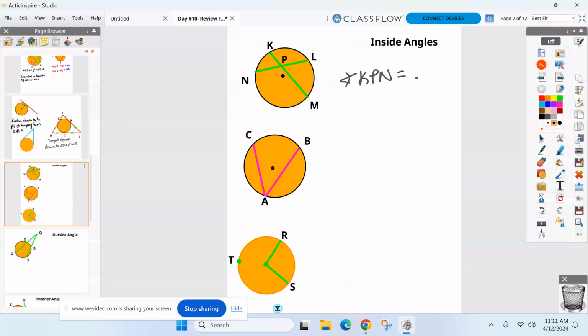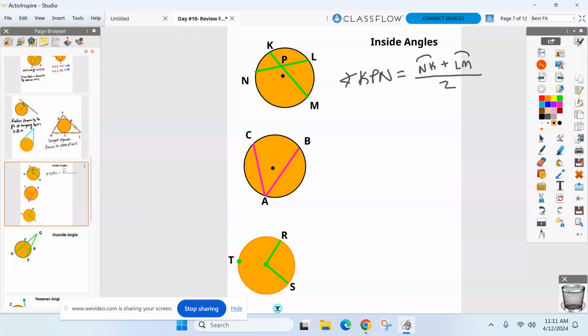Using the letters from this circle. Arc NK plus arc LM divided by 2. Good job. Its arc that's connected to NK plus I look at the vertical angle to that floater and look at its connected arc, LM, and divide it by 2. Make sure it's plus. Don't get confused with subtracting. That's coming up.